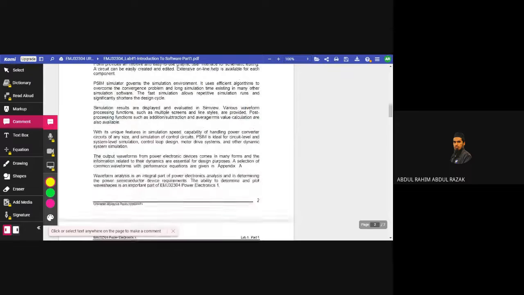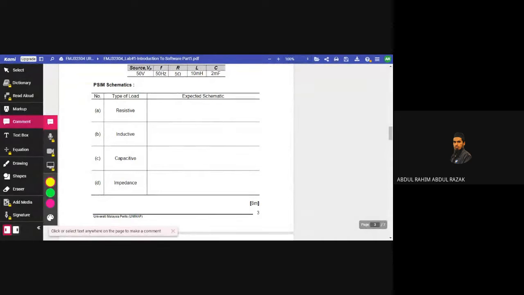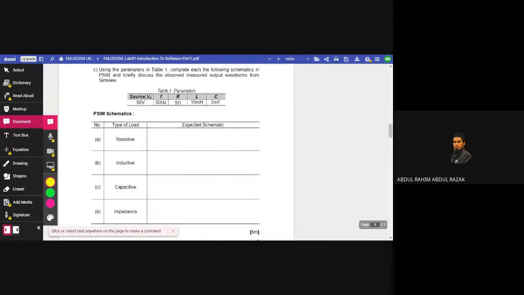Okay, if you go to the targeted schematic, we have a load, and as we discussed before, for a converter we shall have a load. Sorry, I don't have my pen right now, I'm using the cursor instead. So let's say we have a resistor load.